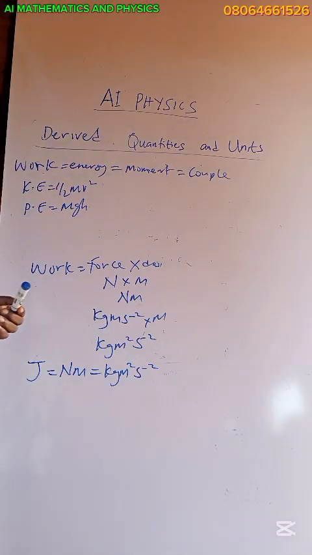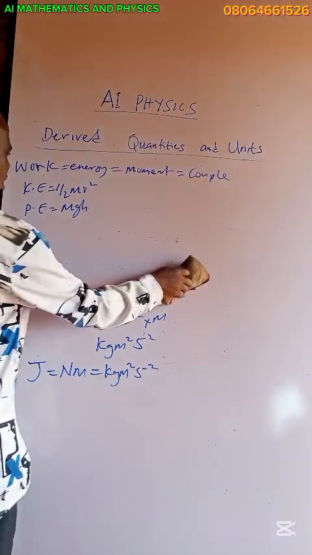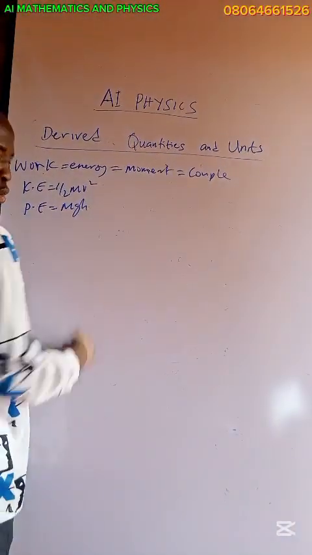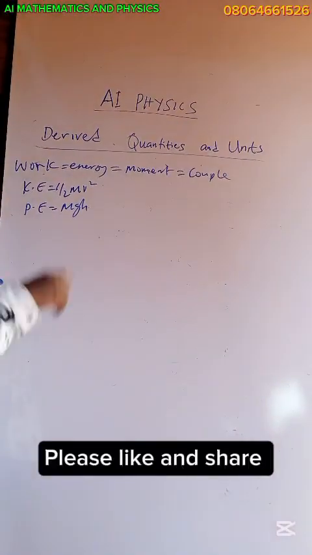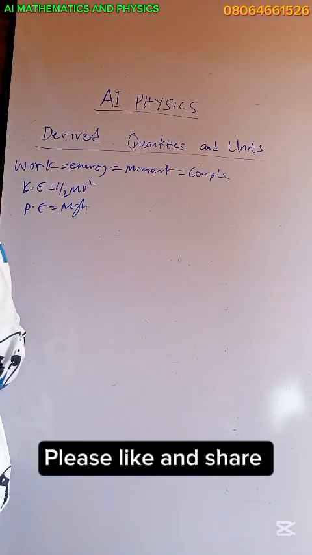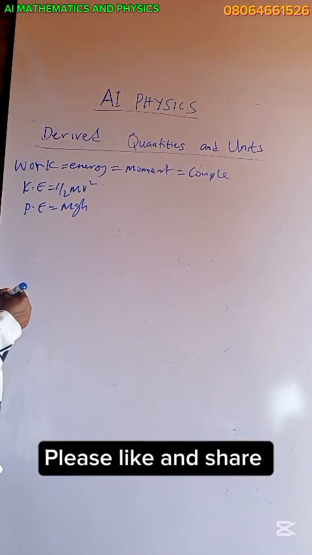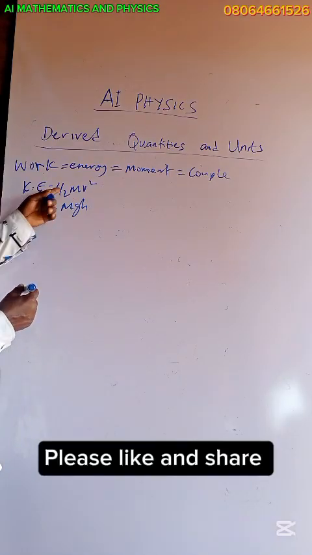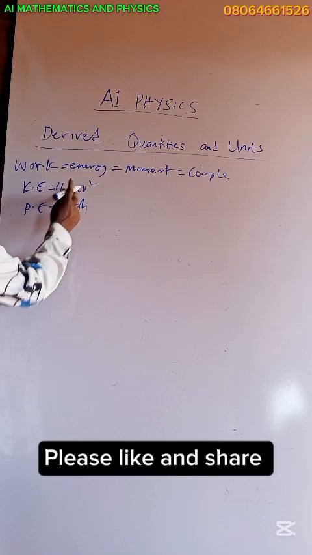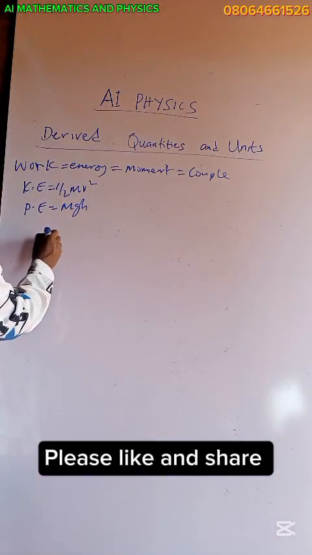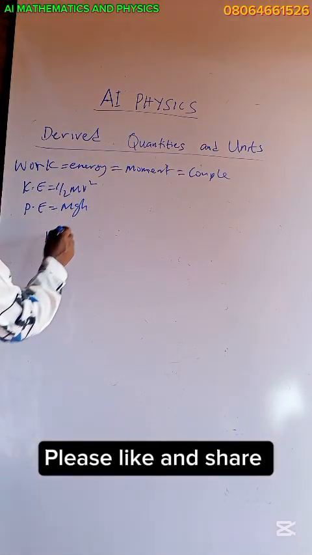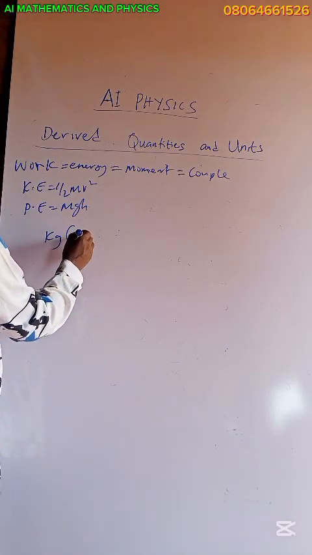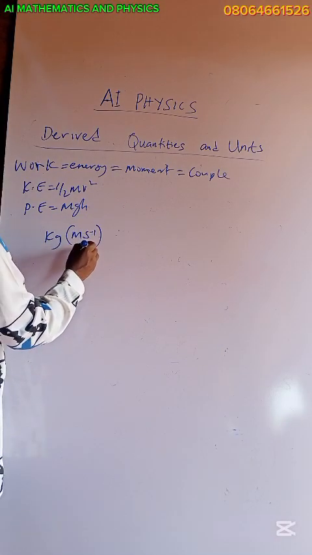Now, we want to know if it's equal to joule, or kilogram meter square per second square. Forget about half. Our mass is kilogram, which is kg, and our velocity is meter per second, squared.